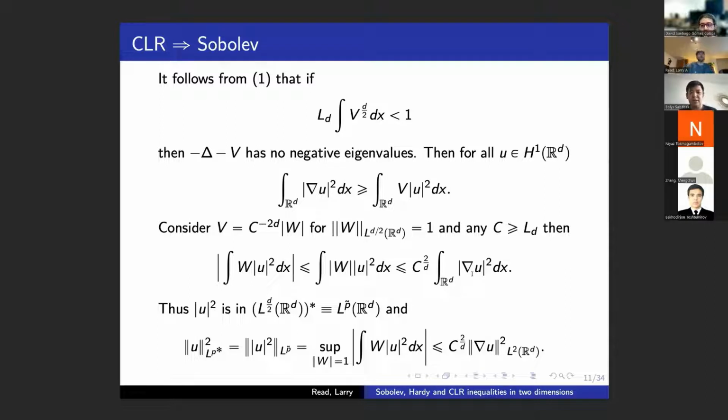Of course. So if you choose v as a Hardy weight, it will be a Hardy inequality too, right? Yes, exactly. But is it possible to choose such a weight for the Hardy inequality v?